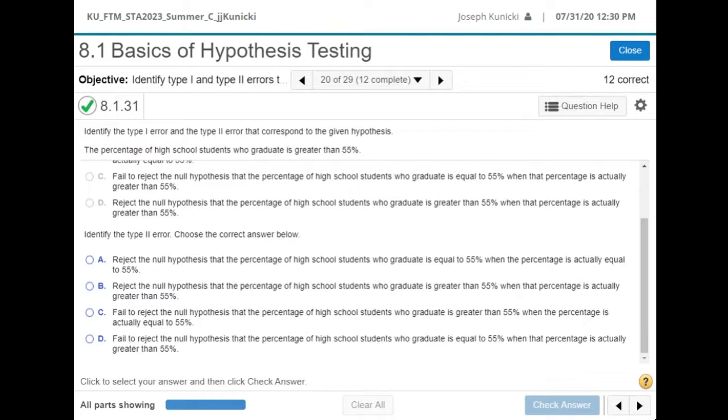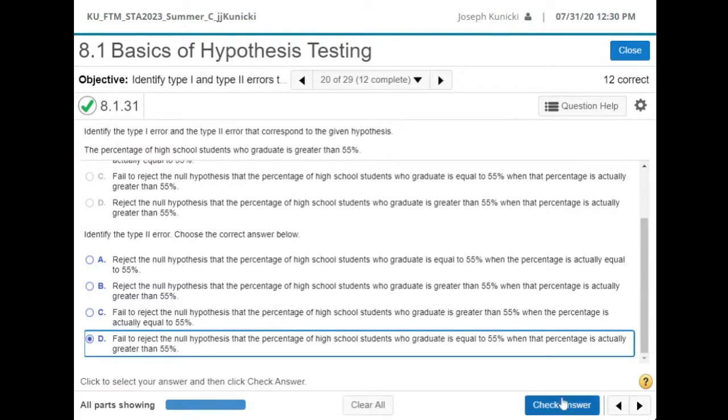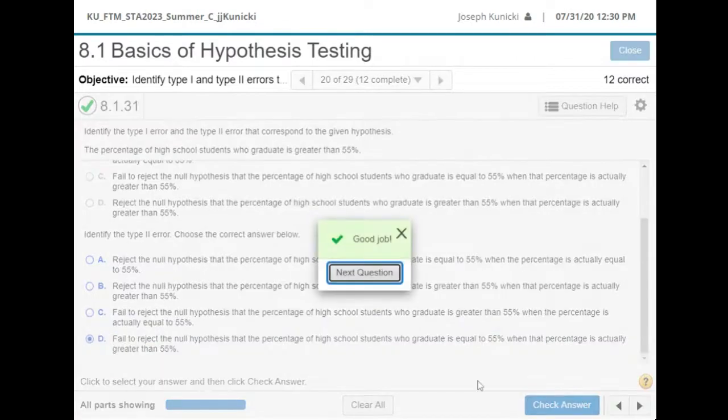So that's D. It says failed to reject a null when that percentage is actually greater than 55. So it will be D. Check answer. Okay. I'm not sure if I have anything written down about type 1 and type 2 errors, but you can look in the PowerPoints and in the textbook for help on that. But that's basically the idea.